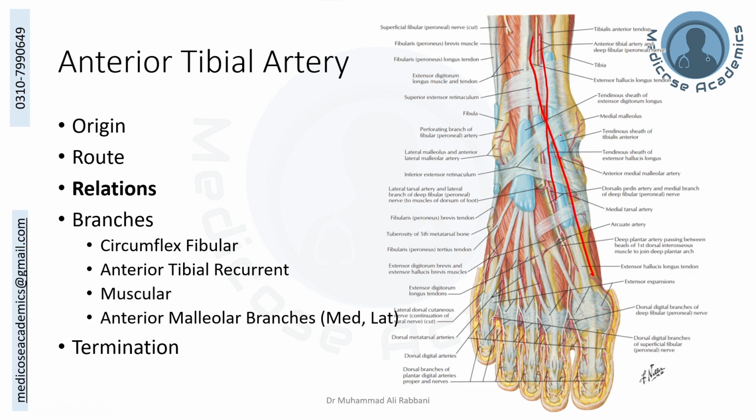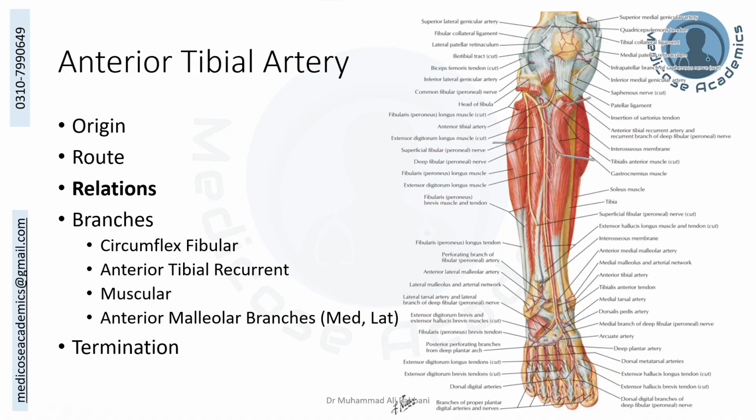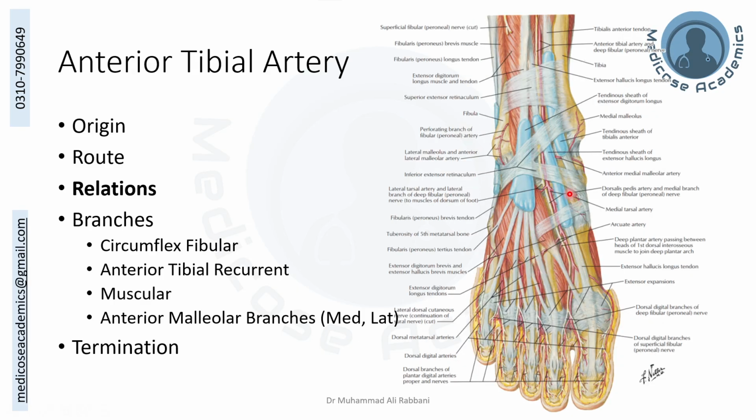So we will have three pairs of muscles on either side. On the upper part we will have tibialis anterior medially and extensor digitorum laterally. In the middle part we have tibialis anterior medially and extensor hallucis laterally. And the lower part, sometimes true but always true for the dorsalis pedis artery, we will have extensor hallucis medially and extensor digitorum laterally.